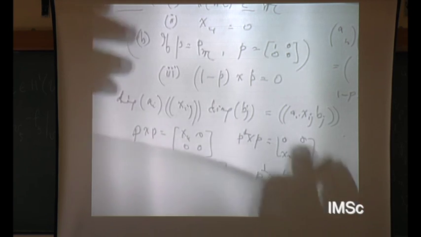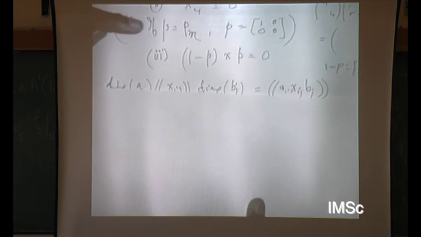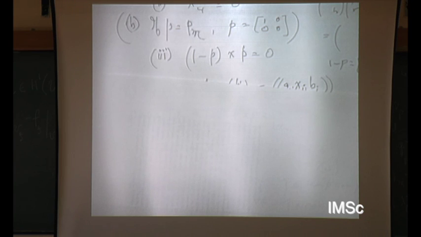We have seen that in general, if you take any X, it may not leave M invariant. That means X21 may not be 0.